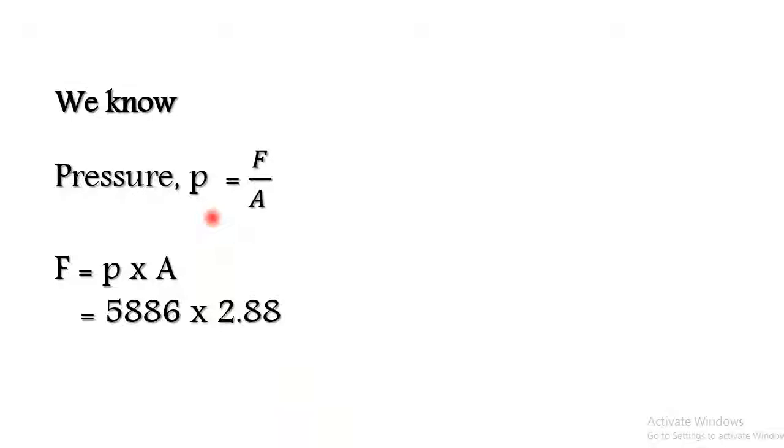We have worked out the pressure, which is 5886 pascals, and the area is 2.88. We have already worked out that one, so we just substitute and multiply the two figures. We have 16,951.68 newtons. That is our force.